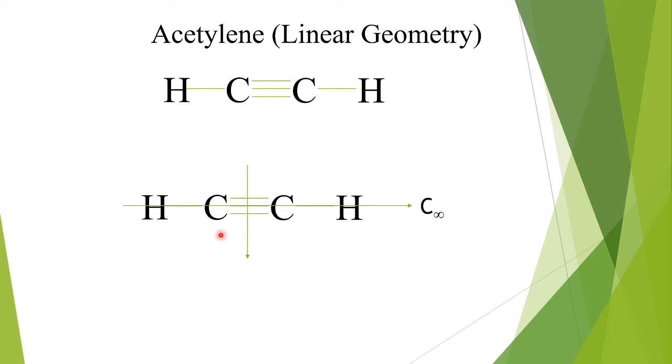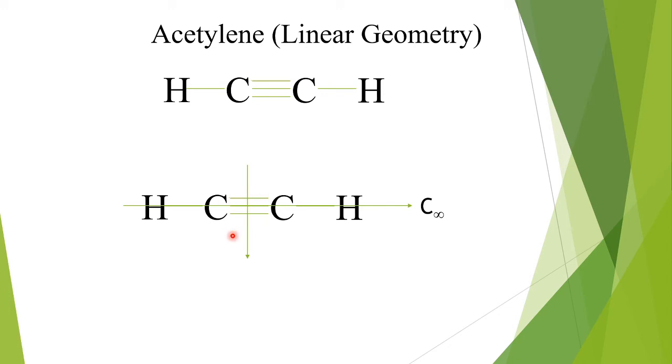In any possible angle, you keep your fingers and rotate it. You will get the similar appearance. So actually, we have infinite C2 axes passing through the middle, that is passing through the triple bond.